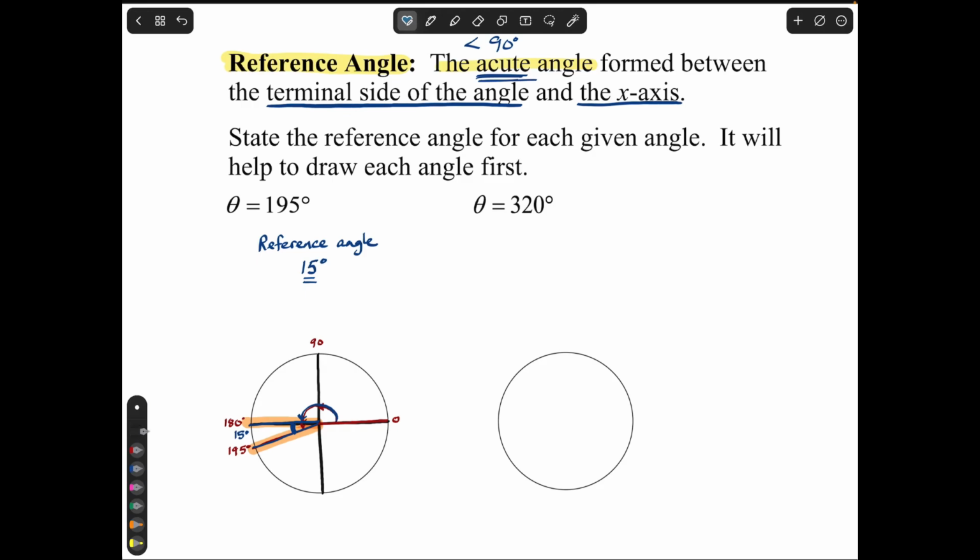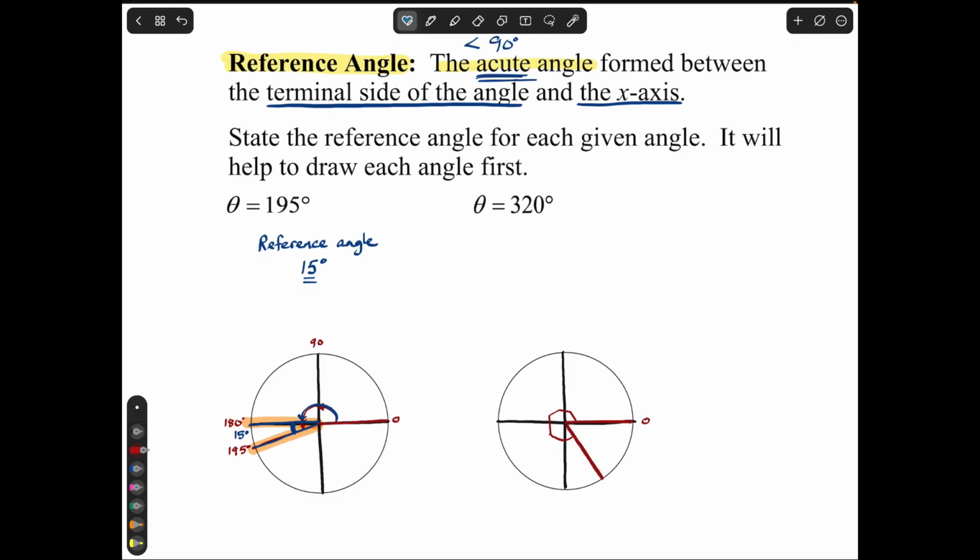So if I'm going to go 320 degrees, I'm starting here at 0. I'm going around 90, 180, 270, and then we're going all the way to 320, so it's going to be in this one. It goes all the way down to about somewhere down here. I don't know if that's perfectly drawn, but it's close enough. I know that this is a total of 320 degrees to go all the way around to here.